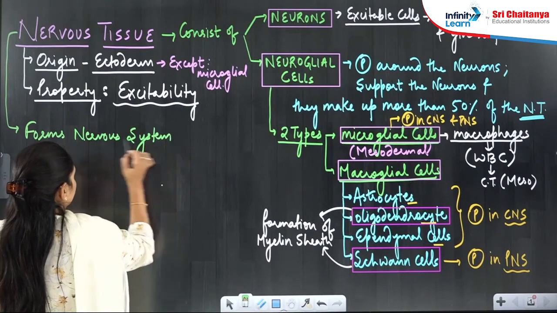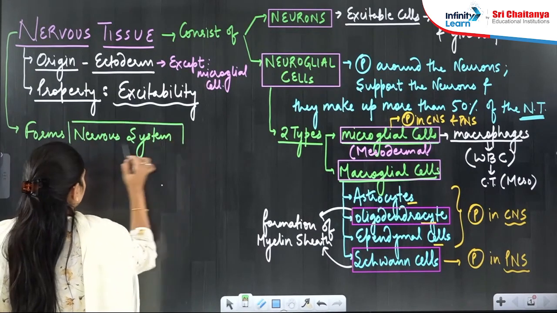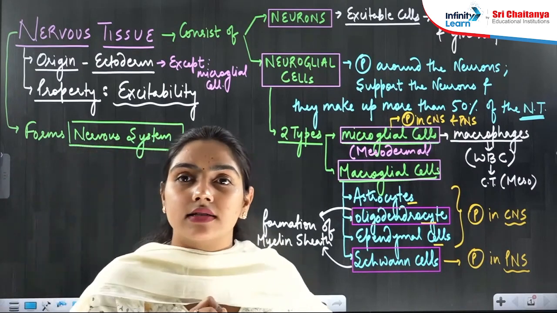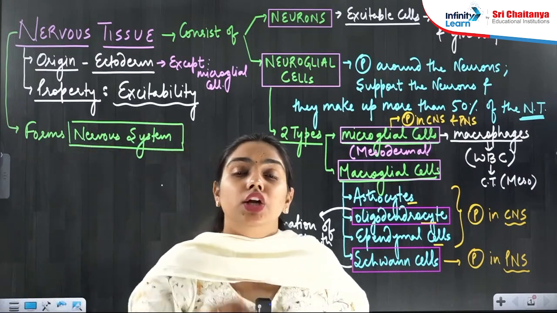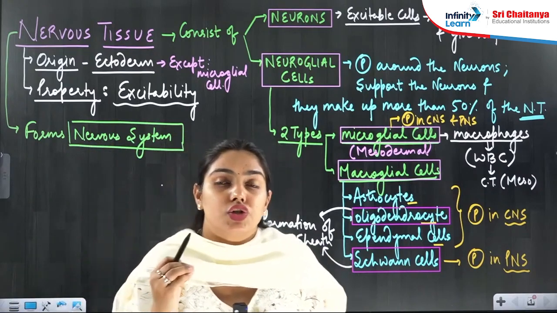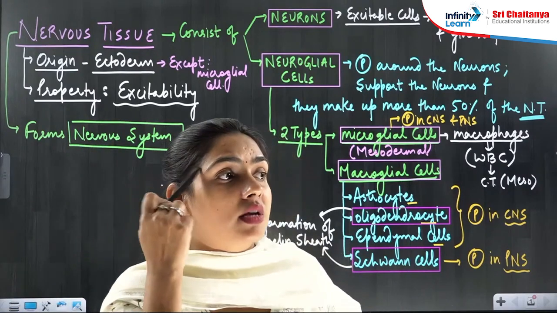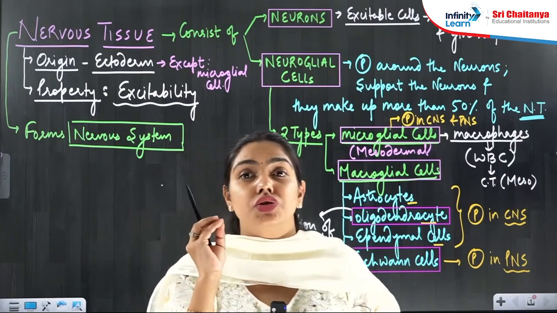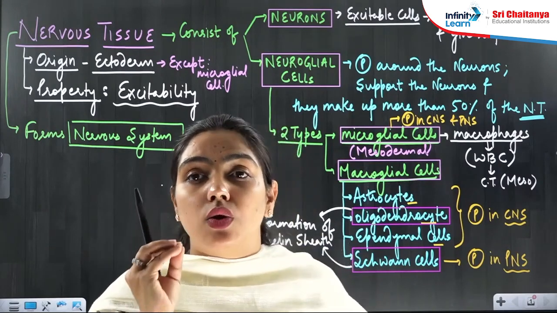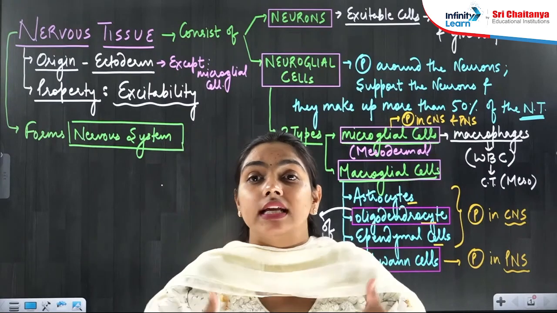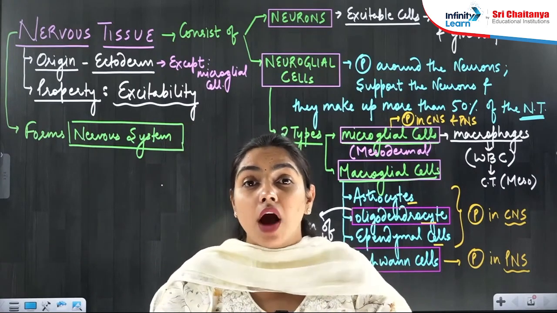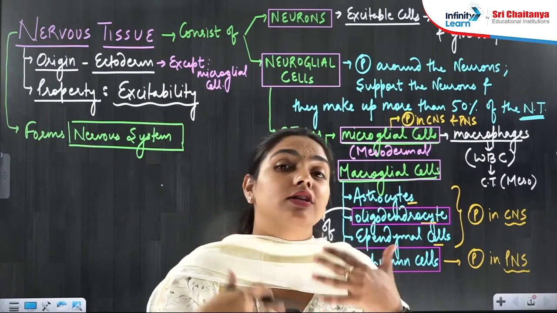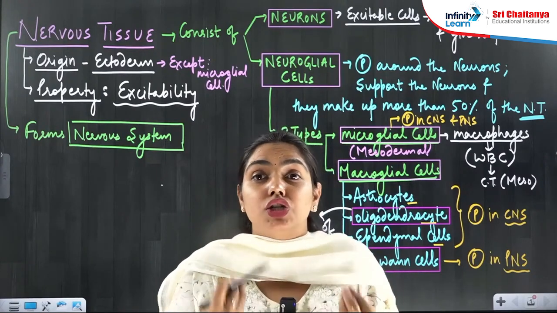Just like muscular tissue is forming your muscles, just like that, neural tissue or nervous tissue is forming your nervous system. Without this nervous system, you cannot do anything. Nervous tissue has the greatest control over your body's responsiveness. How you respond to me, how I respond to you, that is all because of our nervous tissue.